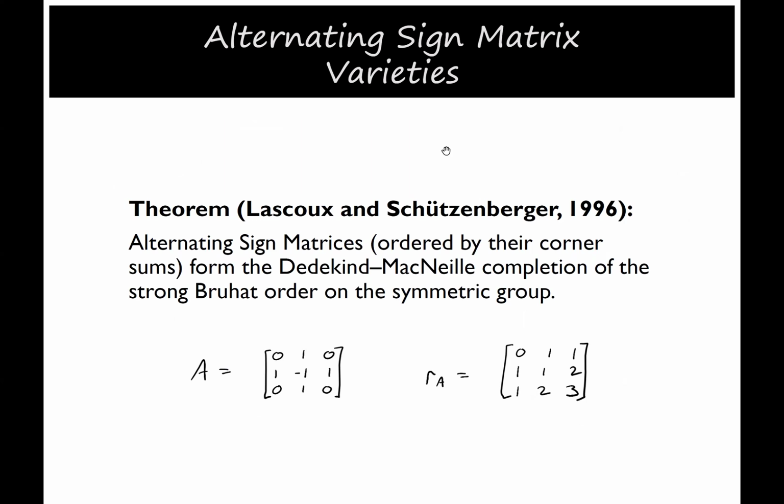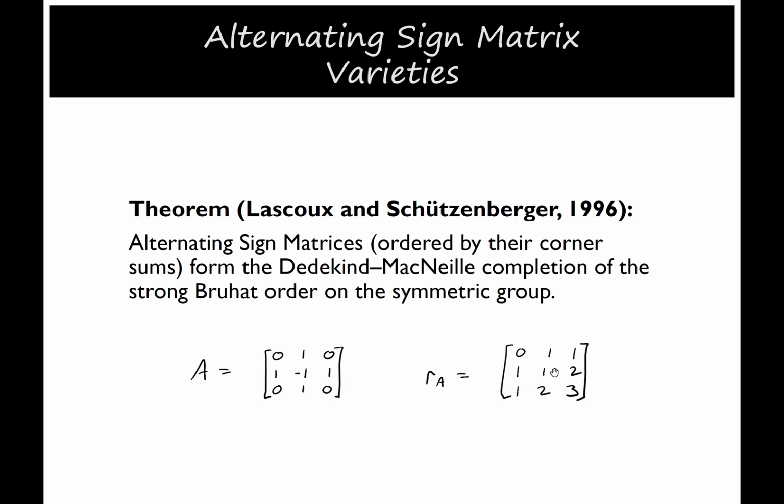The theorem is that alternating sign matrices ordered by these corner sum matrices, where instead of taking ranks you just sum up all the entries in some fixed maximal submatrix, form the Dedekind-MacNeille completion of the strong Bruhat order on the symmetric group. So it's the smallest lattice that contains this poset as a subposet, the most efficient way to embed the strong Bruhat order as a lattice.